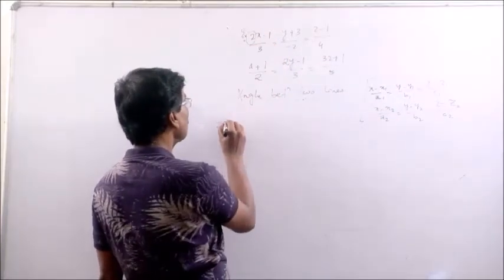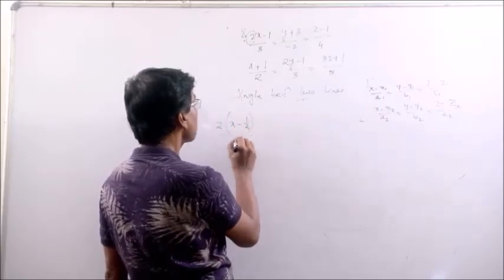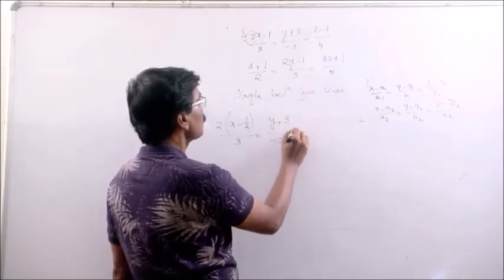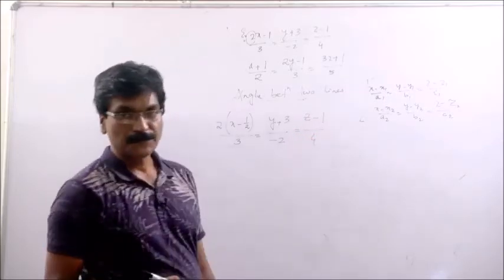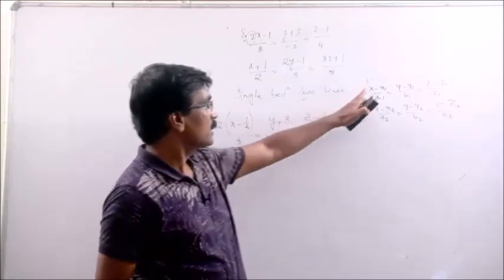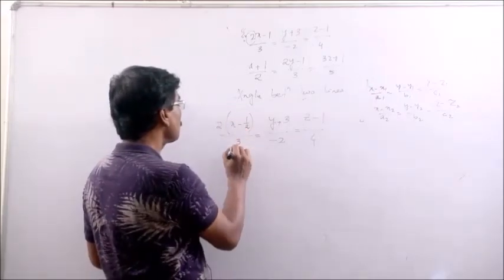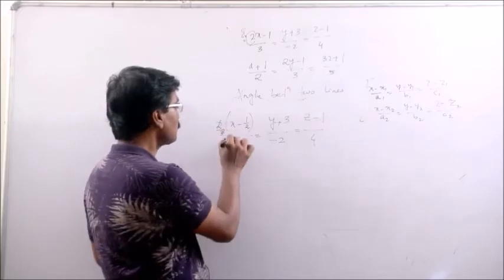The first line will be 2 into (x minus half) by 3 is equal to (y plus 3) by minus 2 is equal to (z minus 1) by 4. So, taking 2 common shows that coefficient of x is 1. Now, divide 2 in both numerator and denominator. So, 2 cancels out.